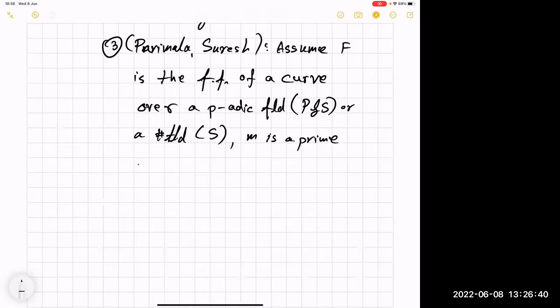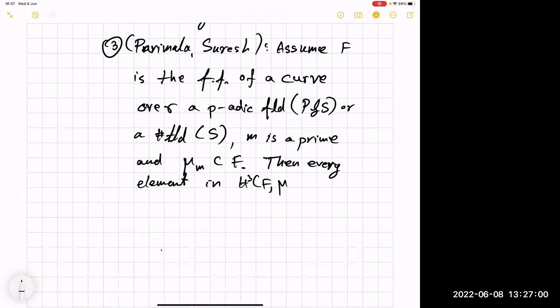And μ_m is in your base field. Then every element in H^3(F, μ_m^{⊗2}) is one symbol.